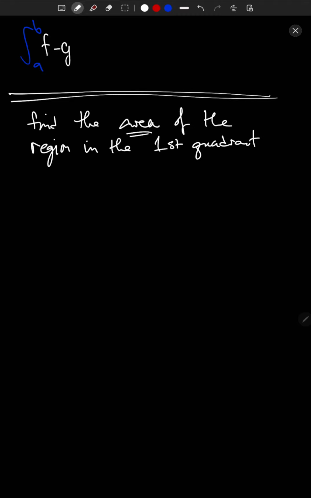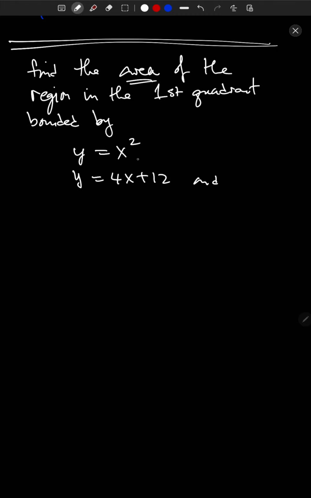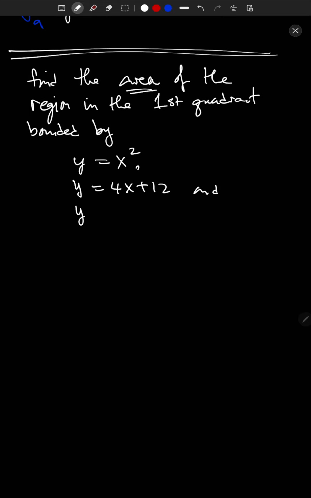This lives in the plane. This area in the first quadrant is bounded by y equals x squared, which is a parabola, y equals 4x plus 12, which is a line, and y equals 12 minus x.